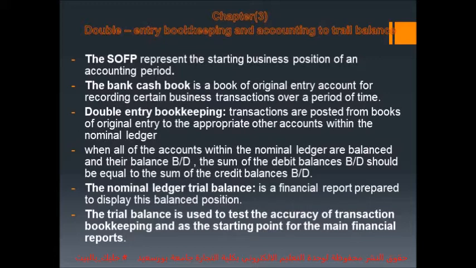The nominal ledger trial balance is a financial report prepared to display this balanced position. The trial balance is used to test the accuracy of transaction bookkeeping and as a starting point for the main financial reports.